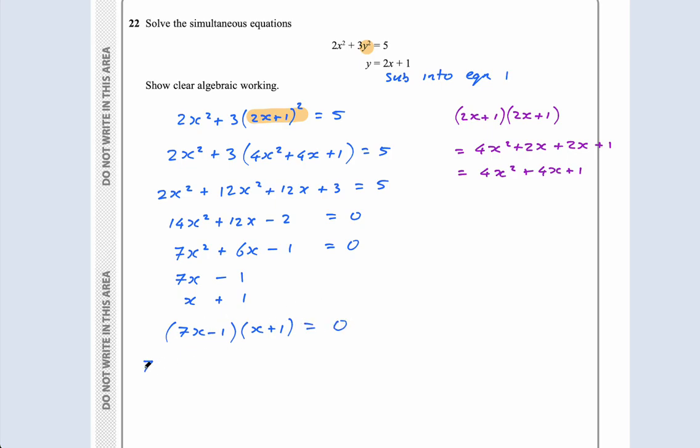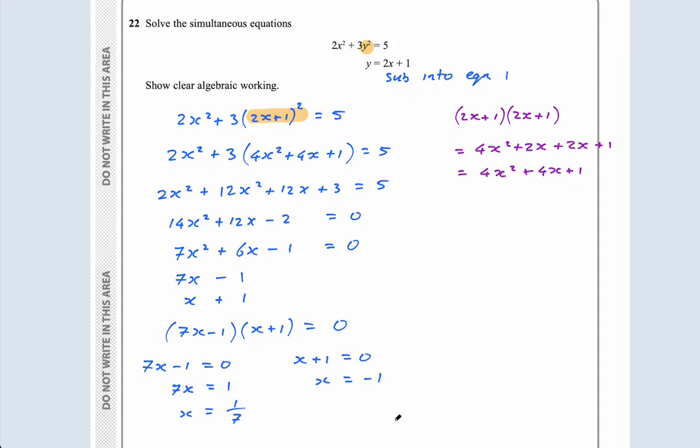Solve these separately. I know I'm going quite quickly, guys, but this is a long question. 7x minus 1 equals 0. 7x equals 1. x equals 1 over 7. And here, x plus 1 equals 0. x equals negative 1.